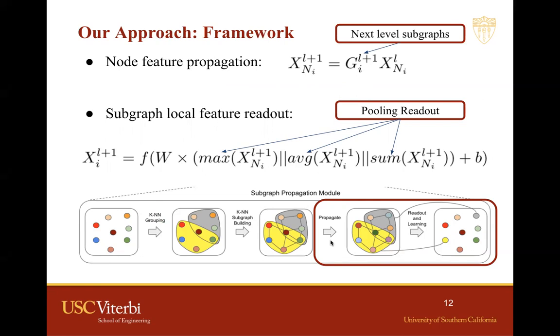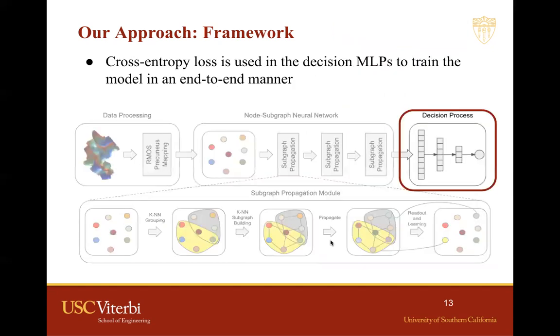In this way, the propagation of the node features can better capture the local features of the surface, since the propagation process is limited inside these smaller graphs. Finally, the encoded features of vertices are fed into an MLP for label prediction and loss calculation to train the model in an end-to-end manner.